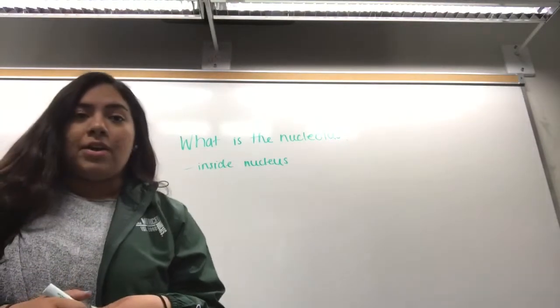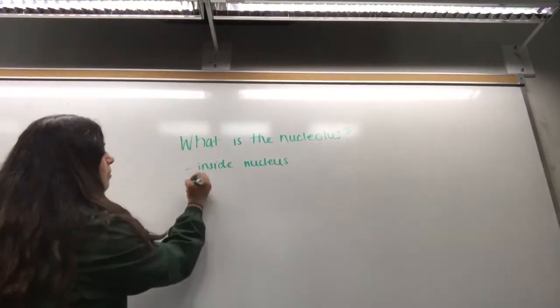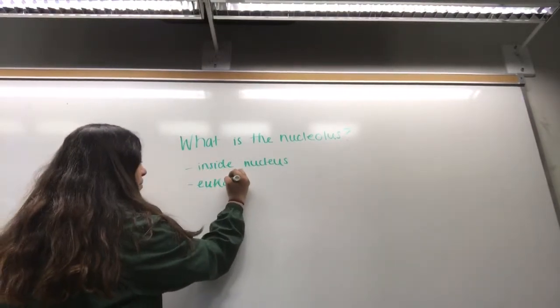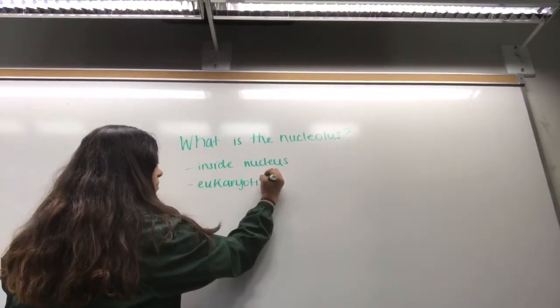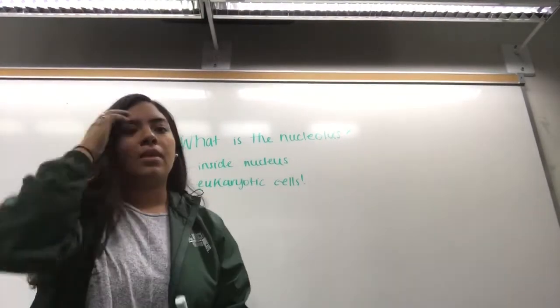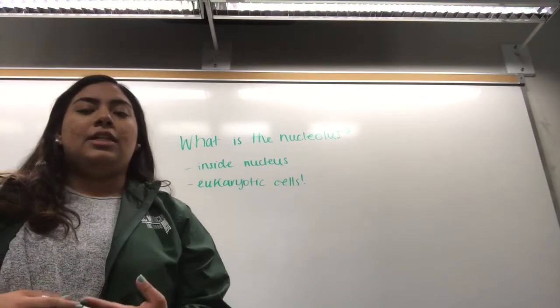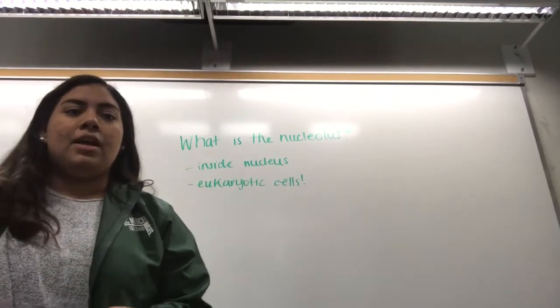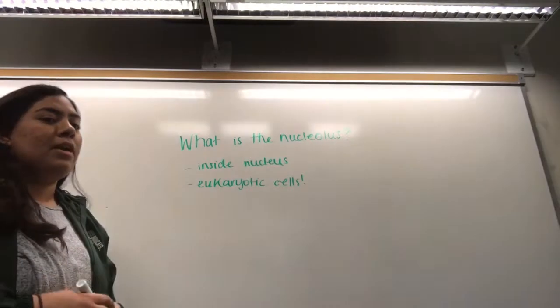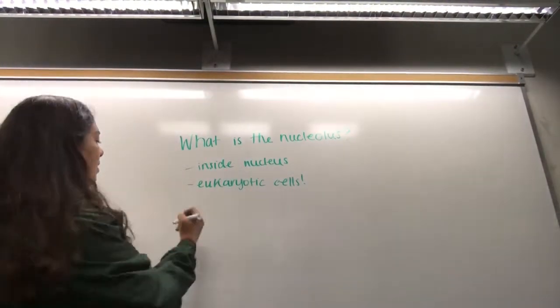It can either be found in a plant cell or an animal cell, but not in a prokaryotic cell. In the nucleolus, there are clusters of chromosomes which contain genes for ribosomal RNA. The nucleolus is very important and essential in its cell duties, so we'll be discussing that right now.